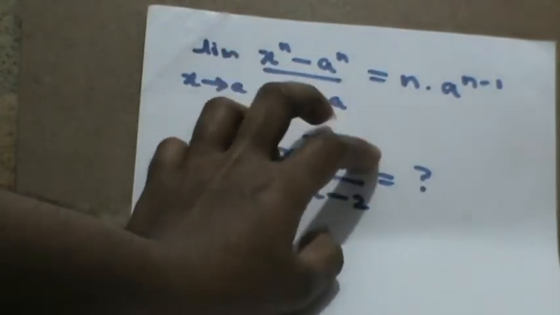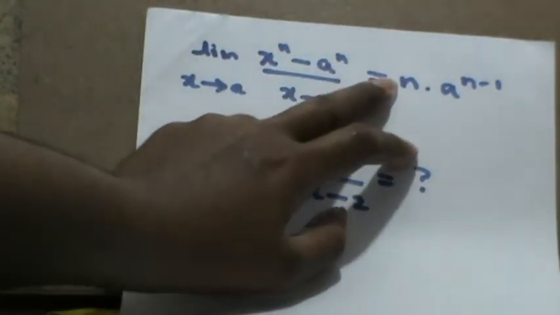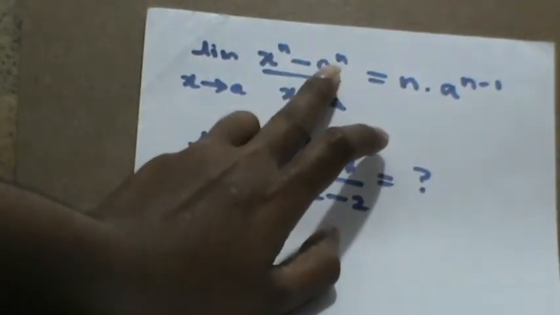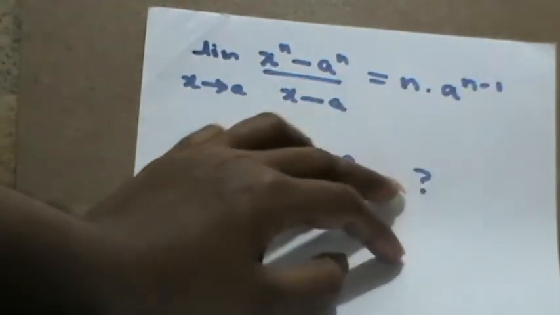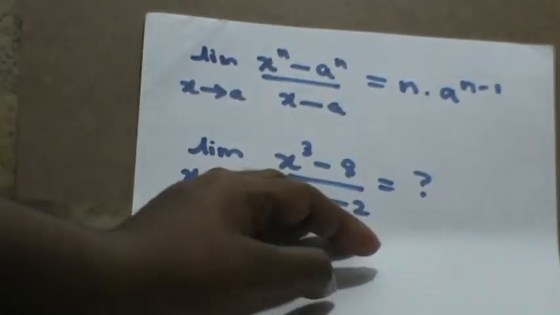The value of that is equal to the power, n, times the constant a, raised to the power n minus 1, so we are subtracting 1 from the power.